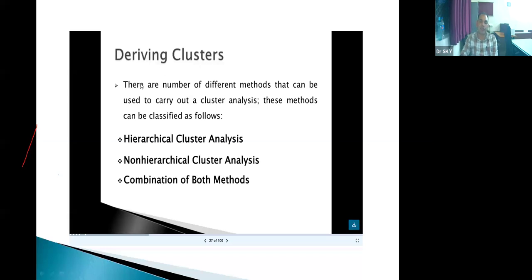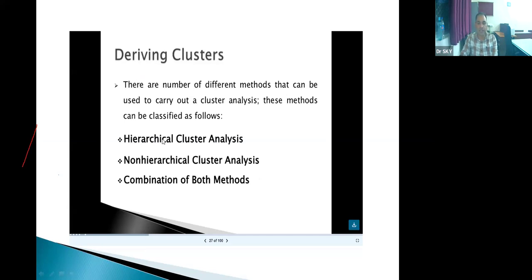Deriving clusters, this is very important. There are a number of different methods that can be used to carry out a cluster analysis. These methods can be classified as follows. There are basically three, mainly two, and if we combine the two, then we get the third method for deriving these clusters.